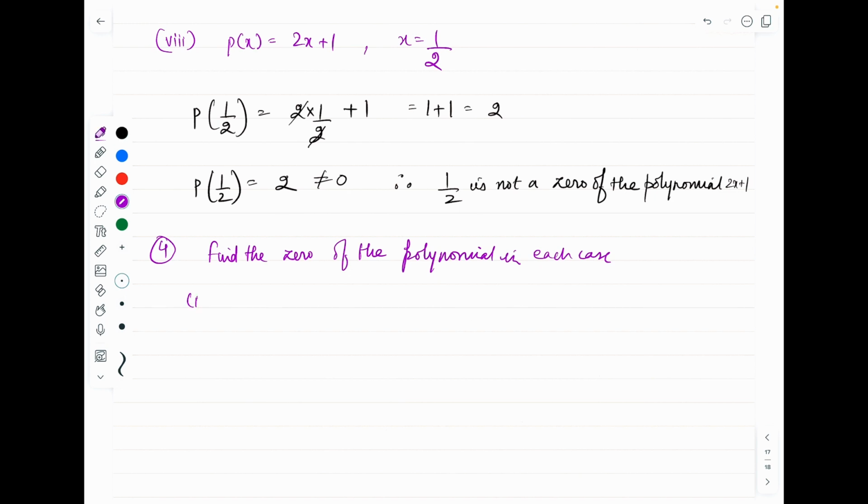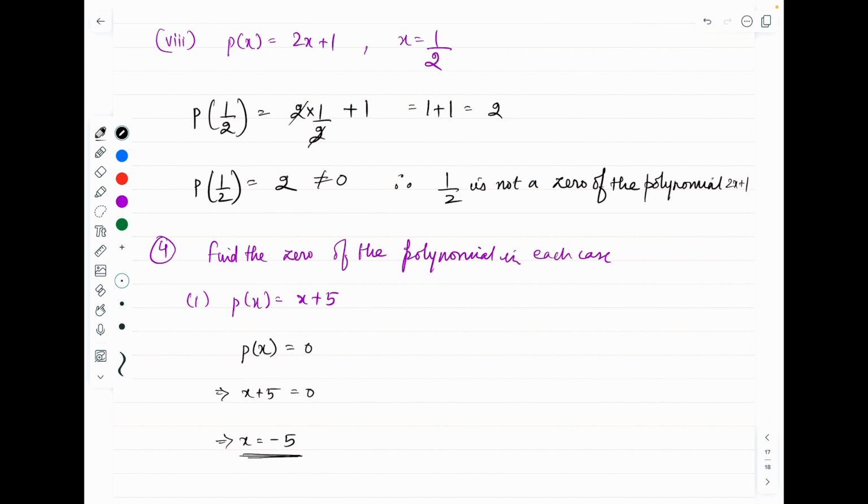So the first question they have given is p of x equals x plus 5. We already know how to find the root. To find the root, we make p of x equals 0. This gives x plus 5 equals 0. So x equals minus 5.